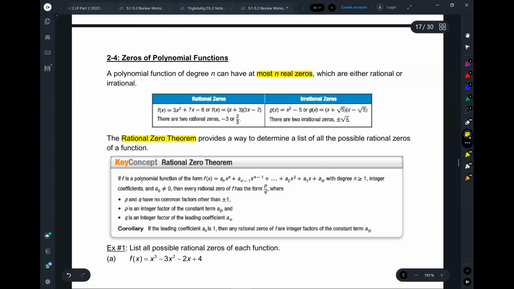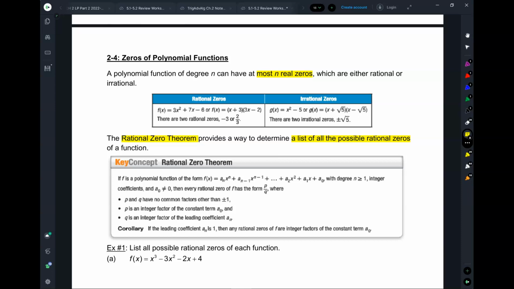The rational zero theorem provides a way to determine a list of all the possible rational zeros of a function. So basically, you have some weird function, x to the power of 7, and so on. And then you have to find the zeros, right? So one way is you can sit there and try every single integer until you get one that gives you a 0.